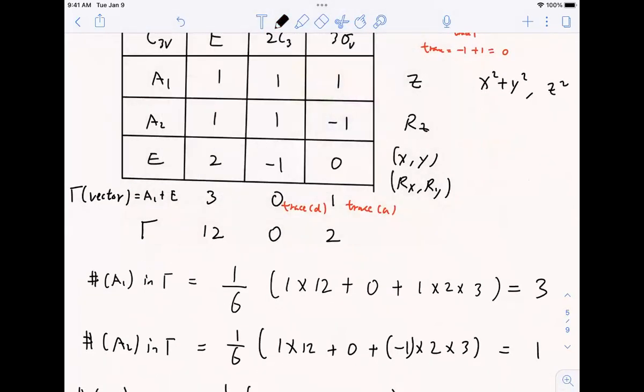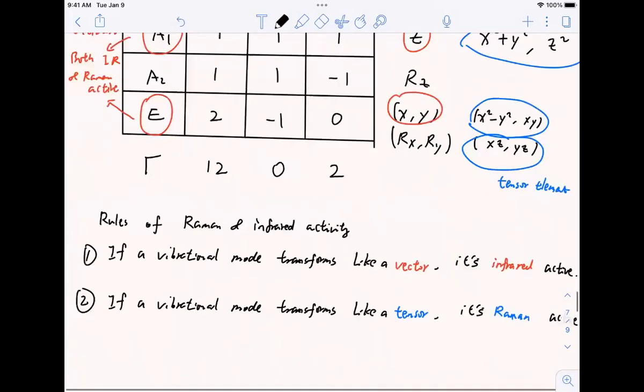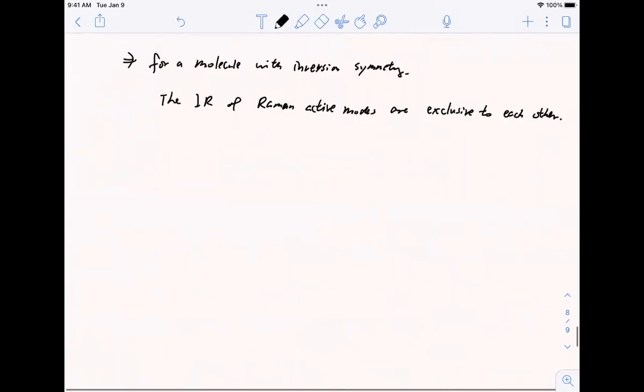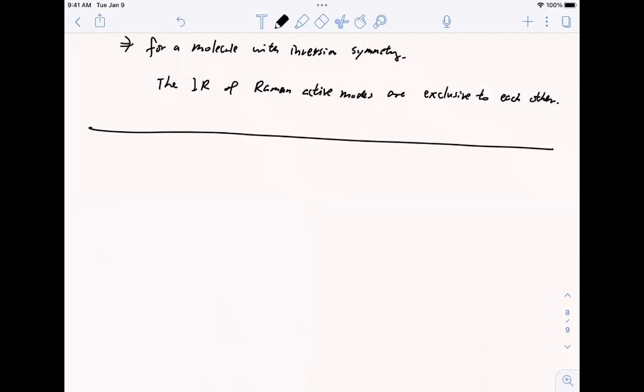Okay, so let's go to monolayer MoS2. The monolayer MoS2 is something like this.